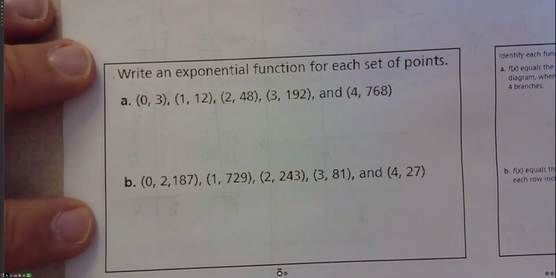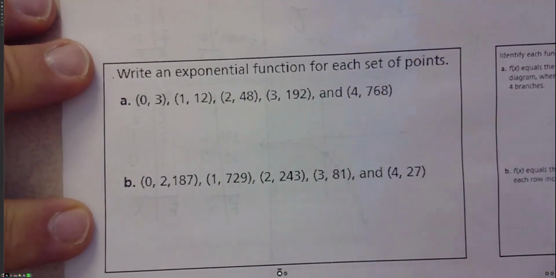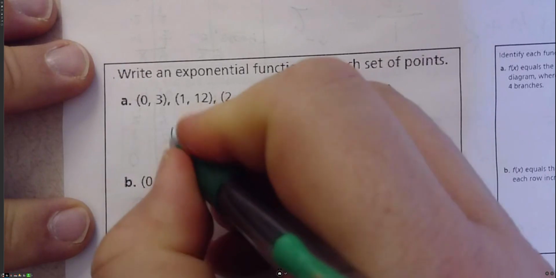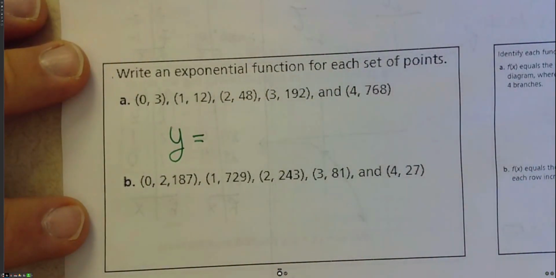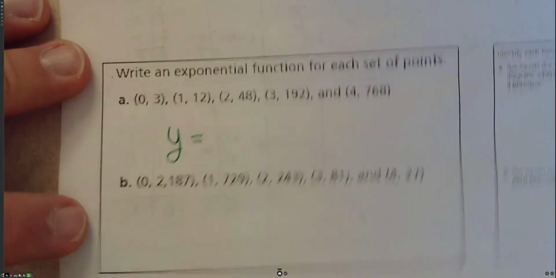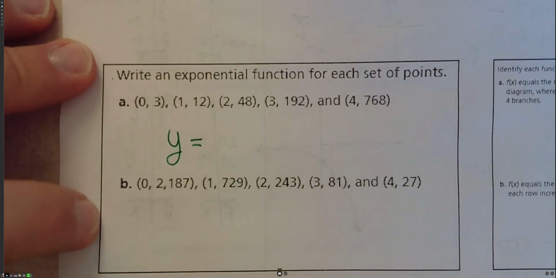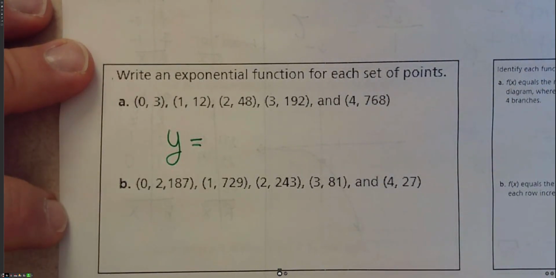So the same thing. They don't tell us what notation to use, so I don't know. I think we like 0, or I mean y equals. Someone have an idea? How about someone on this side of the room? Well, someone on this side.